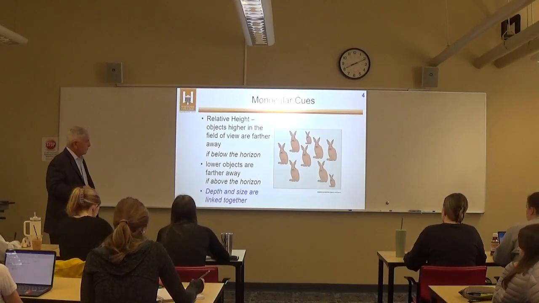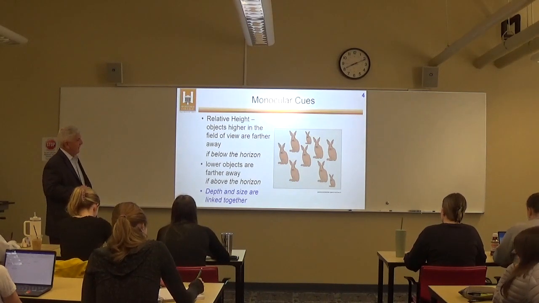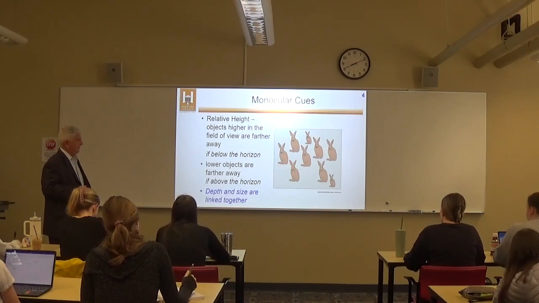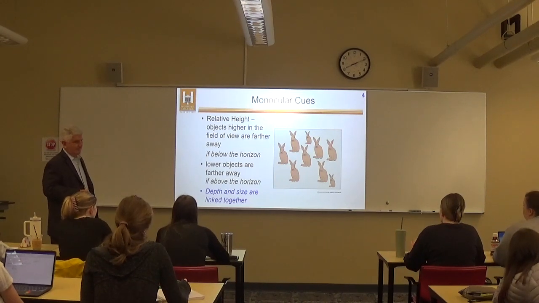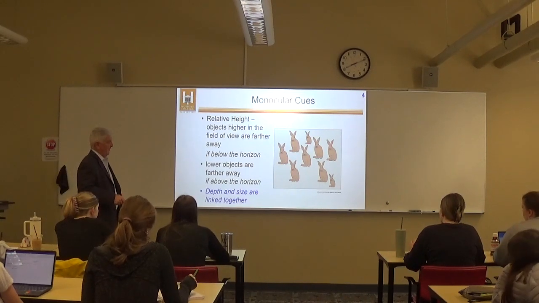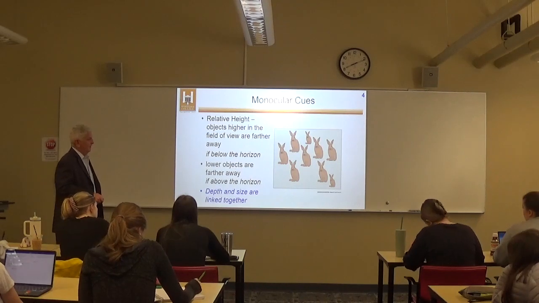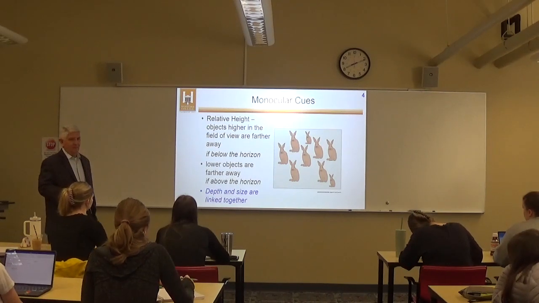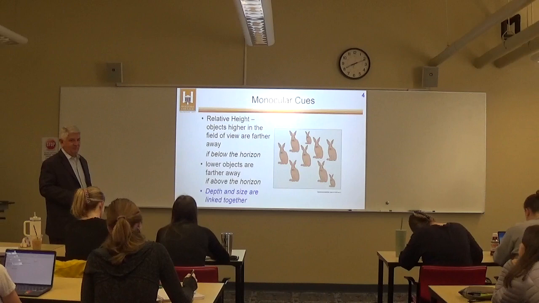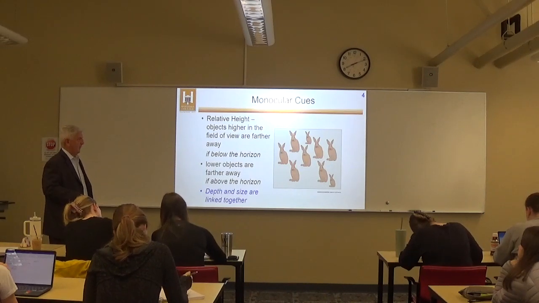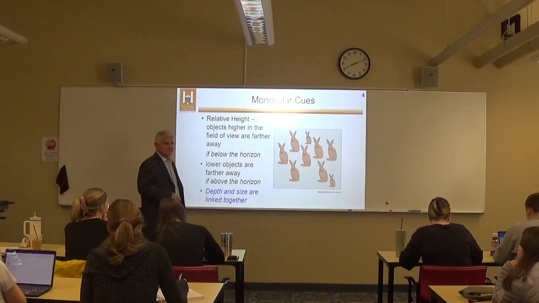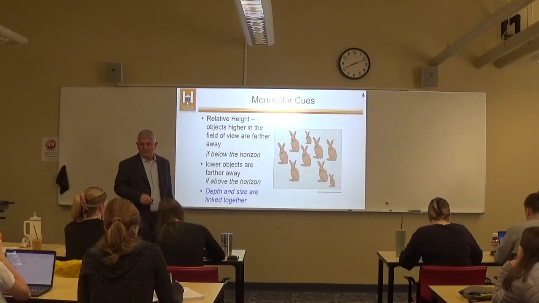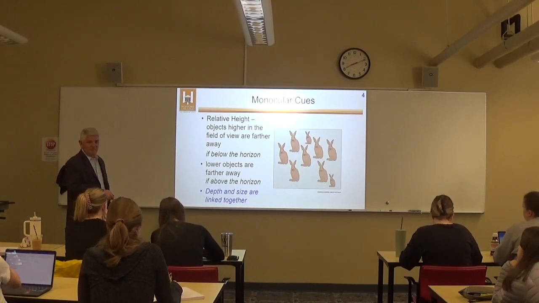All right. So again, which rabbit is closest to us? The one all the way on the right corner, even though it's the smallest rabbit up there. Right? But we know rabbits can have different sizes. Which rabbit is furthest away? The one in the middle?